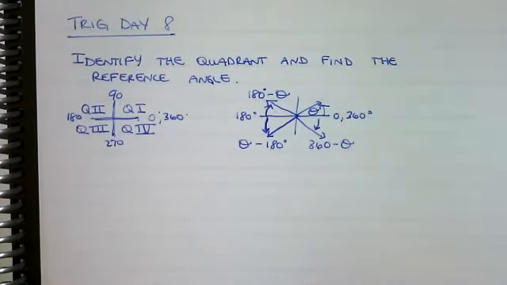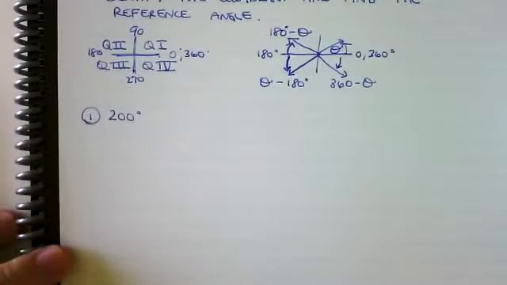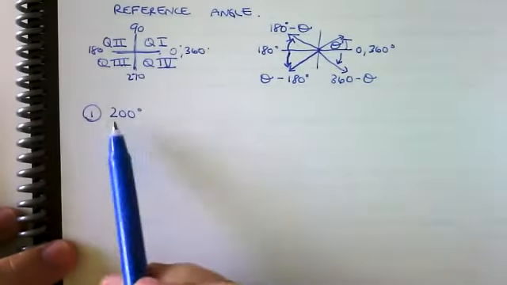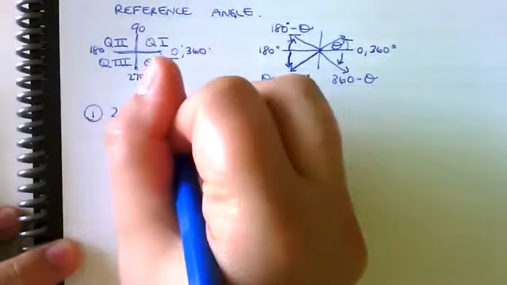So let's look at a specific example. Let's say 200 degrees. First thing we want to figure out is what quadrant 200 degrees is in. 200 degrees is between 180 and 270, so that's quadrant 3.